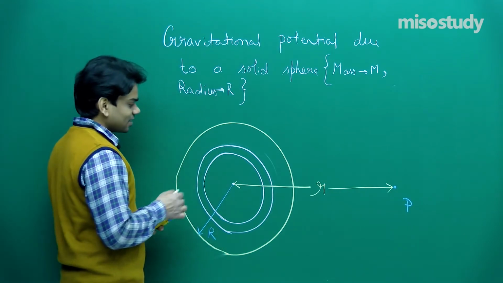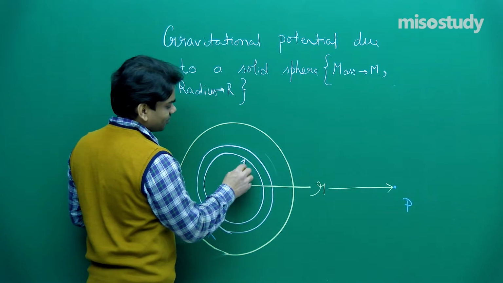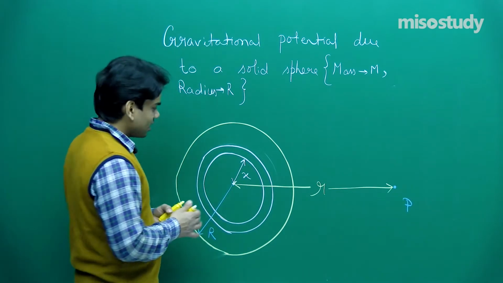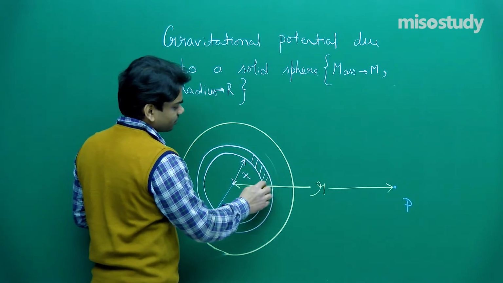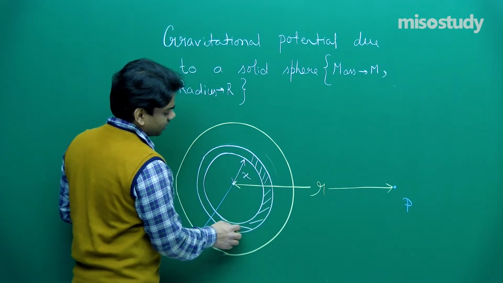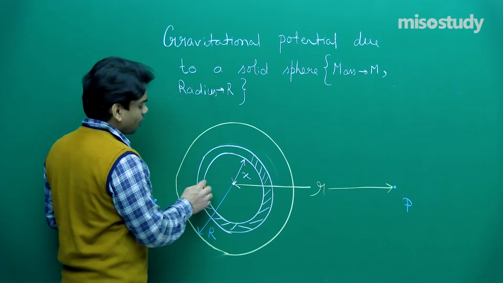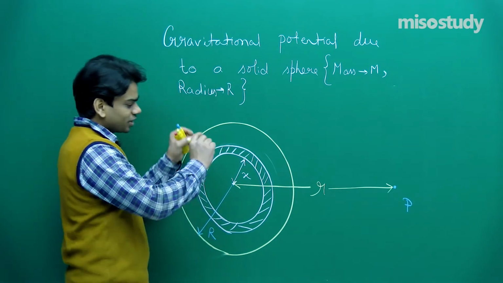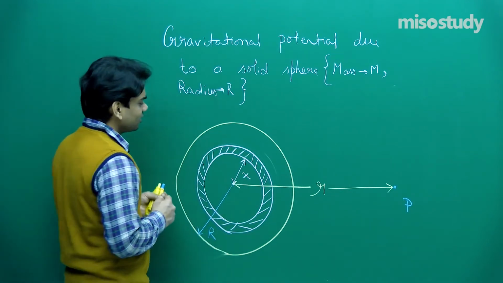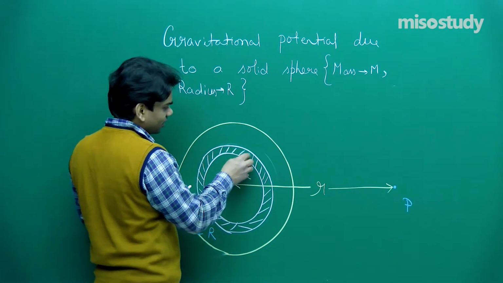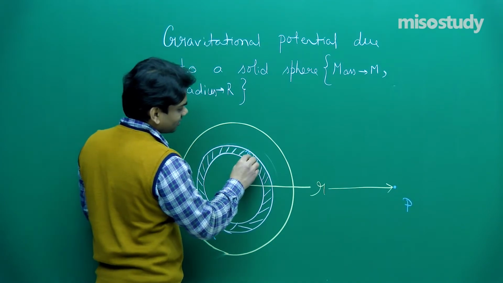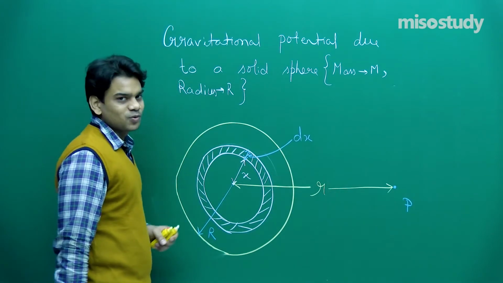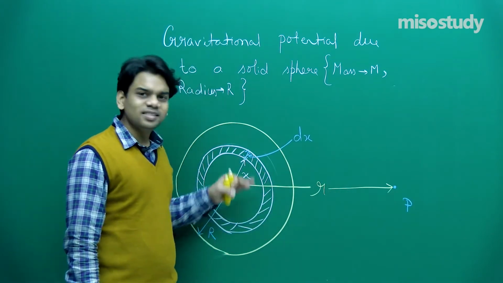Here at a distance x, we have taken a hollow sphere of width dx. Let me show you the shaded portion, which gives the idea of the boundary of the hollow sphere. The shaded portion gives us the thickness of the hollow sphere. Now let us say its mass is dm.